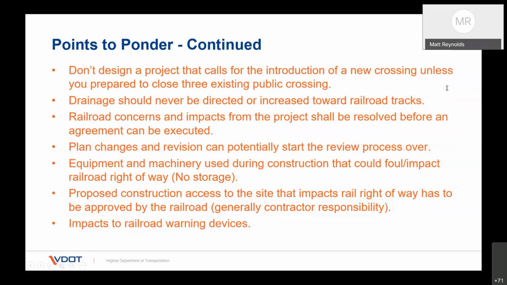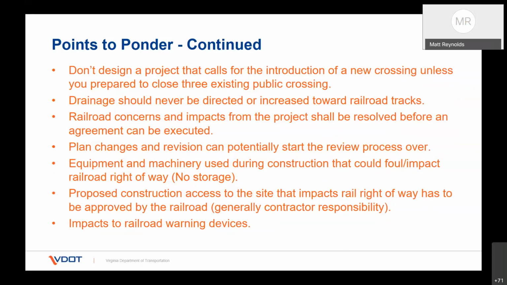But that can take a lot of time. It goes through several different divisions within each railroad, and actually goes in front of a committee where they have to vote whether they're going to approve that new crossing or not, looking at the impacts from closing the existing crossings and what traffic is going to be introduced on the new crossing. So be aware of that when, as a locality, you're proposing to introduce a new crossing across a railroad.